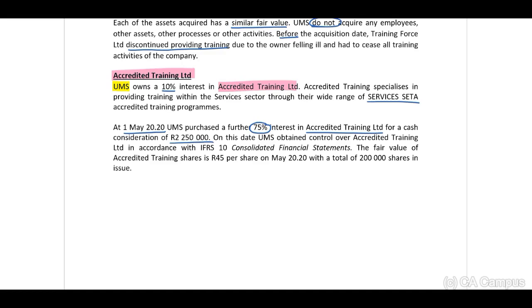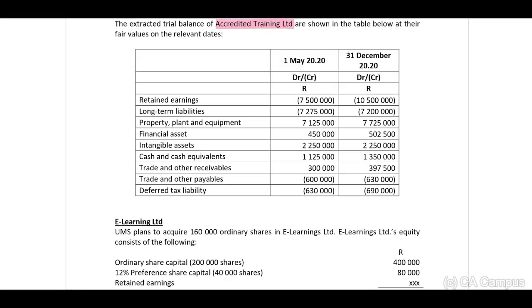On this date, UMS obtained control over Accredited Training Limited in accordance with IFRS 10. The fair value of Accredited Training Limited shares is 45 Rand per share on 1 May, with a total of 200,000 shares in issue. The extracted trial balance of Accredited Training Limited are shown in the table below at their fair values on the relevant dates.